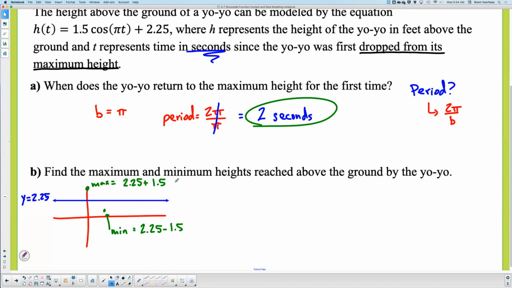All right, let's do our math here. 2.25 plus 1.5 is 3.75. And finally, how about 2.25 minus 1.5? Okay, and what are our units this time? The max height. Are we in yards, feet, meters, kilometers?